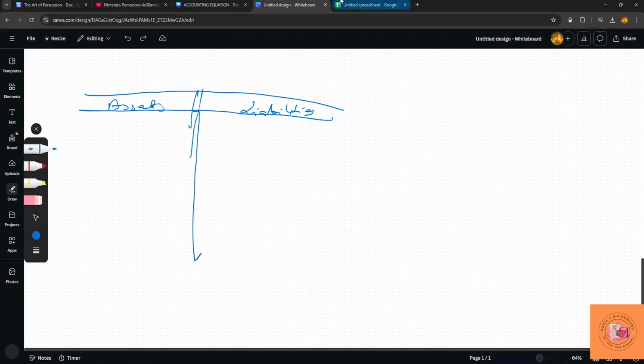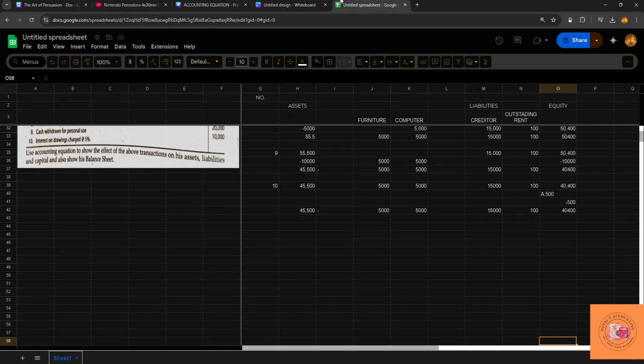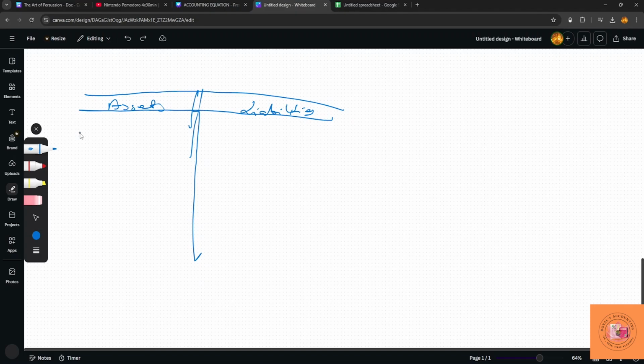Here we have cash worth 45,500. So we'll write cash 45,500. Stock is nil.